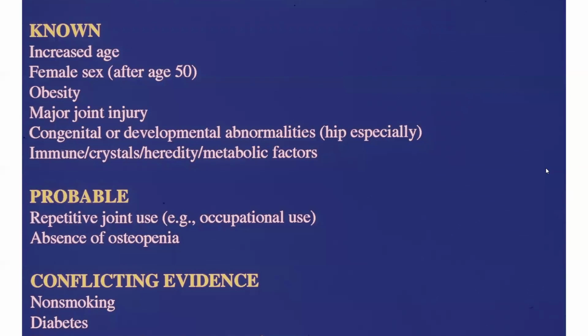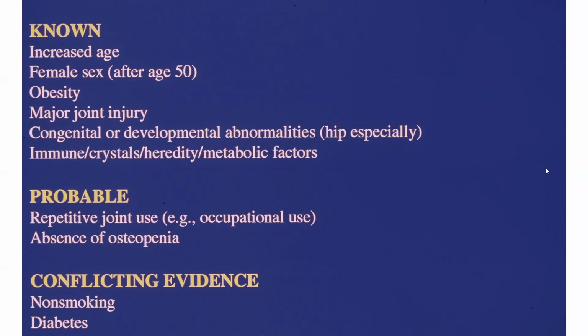There are known risk factors for osteoarthritis. Obviously, it increases with increasing age. Female gender after age 50. Obesity. It's complex, but obesity is associated with increased osteoarthritis of weight-bearing joints, such as the knee and the hip.